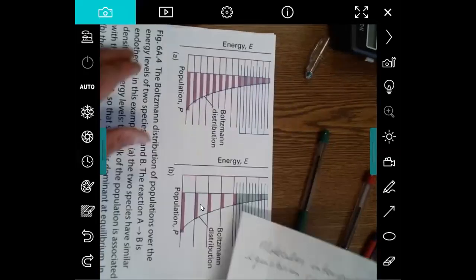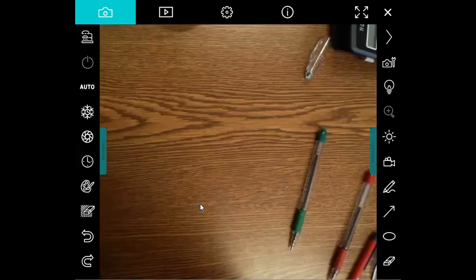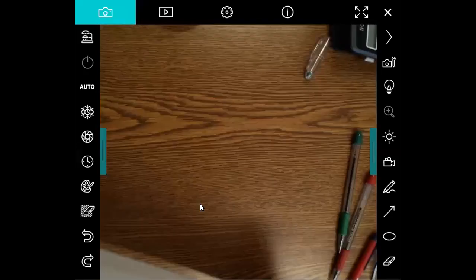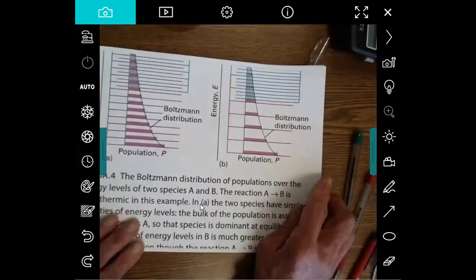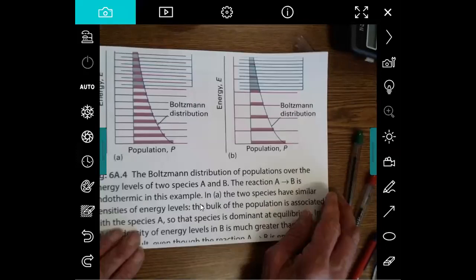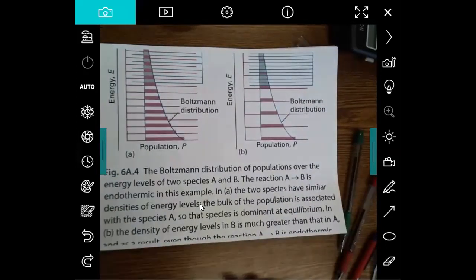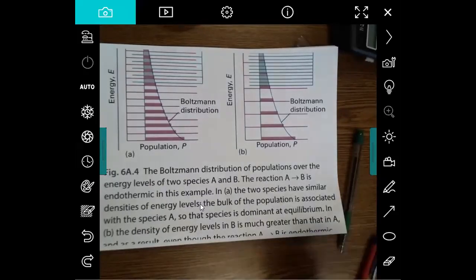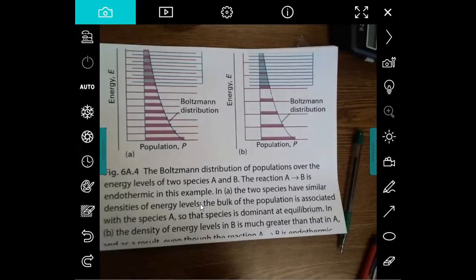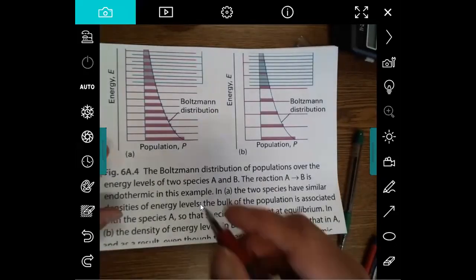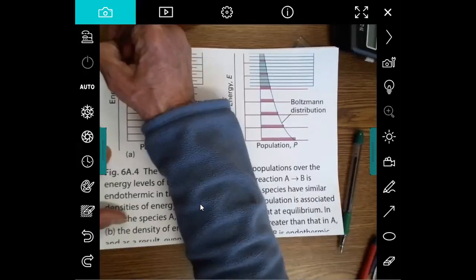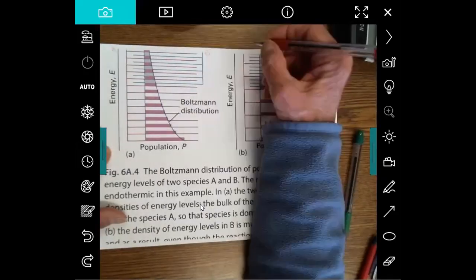When we look at this graph, it's a little bit complicated, but it shows us that if you have two reactions that are both endothermic, on this side it turns out that at equilibrium you have about equal populations of A and B. That's because this is A on this side and B on this side, the population of states.